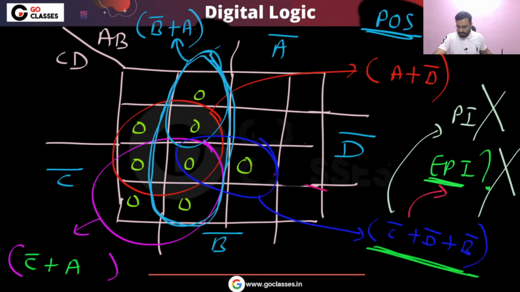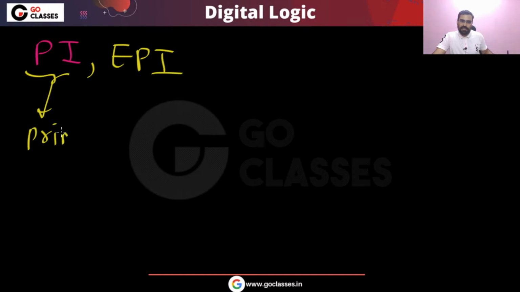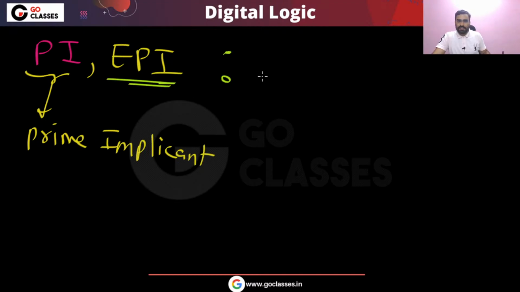What is the reason? Because remember, this PI, EPI, these are groups of ones. PI means prime implicant. This prime implicant, this essential prime implicant, these are groups of ones.